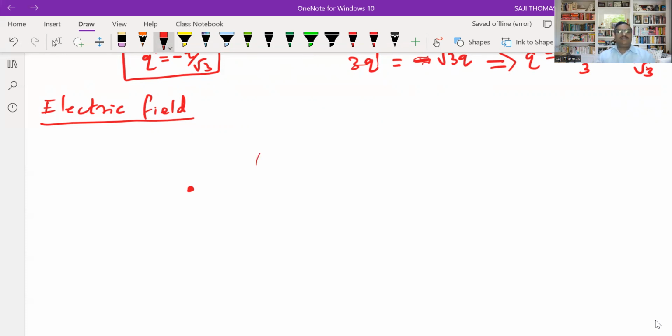This charge is the source charge. To experience force, we need to bring other charges. That charge is known as the test charge. The test charge has to be a small charge. So electric field is a region around a charge where the electric force due to it can be felt.